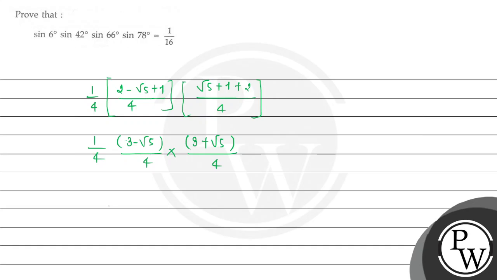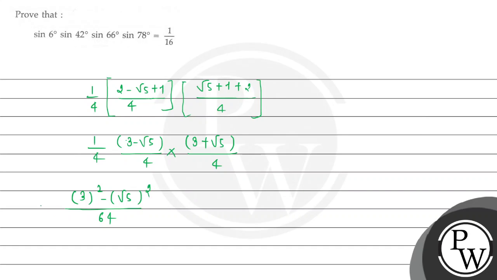So now we have to do multiplication. 4 into 4 into 4 gives 64, and (a minus b) into (a plus b) gives a square minus b square. So we'll write 3 square minus root 5 square.